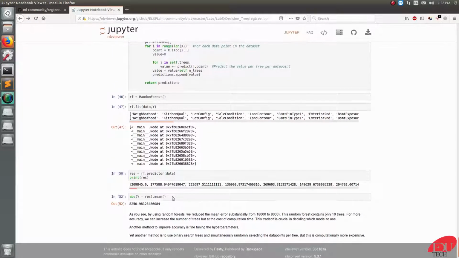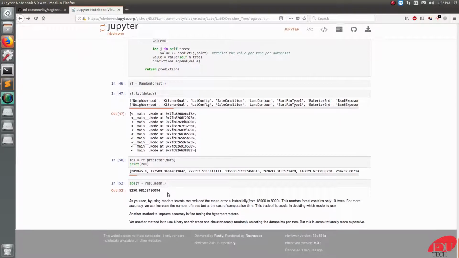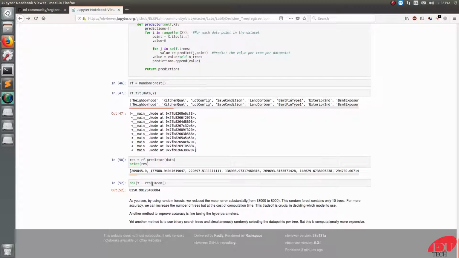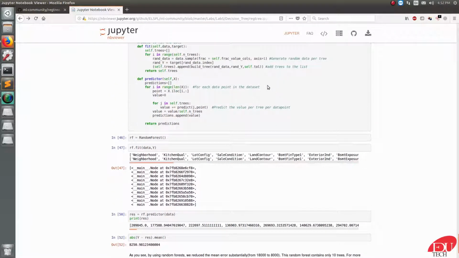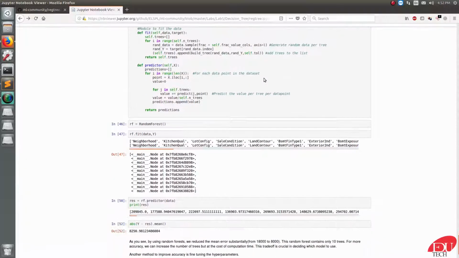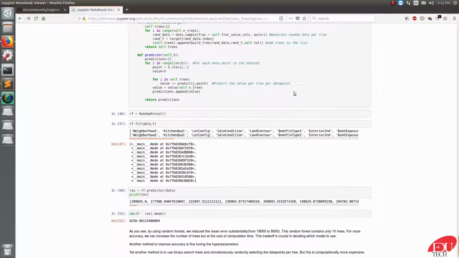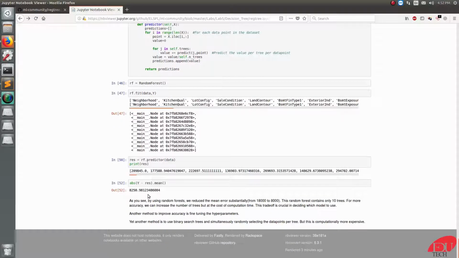So there is a 10,000 decrease in the error, and this is just 10 trees. If you increase that to 50, 100, maybe use a binary search tree instead of the one we have used, we can reduce this further.